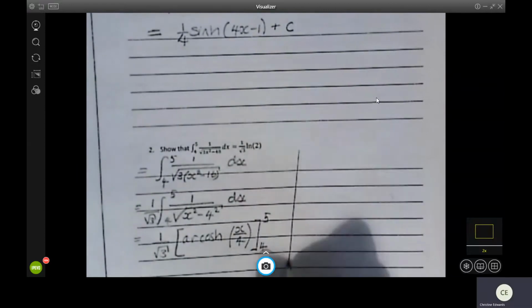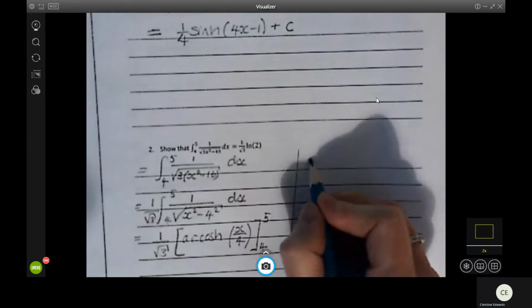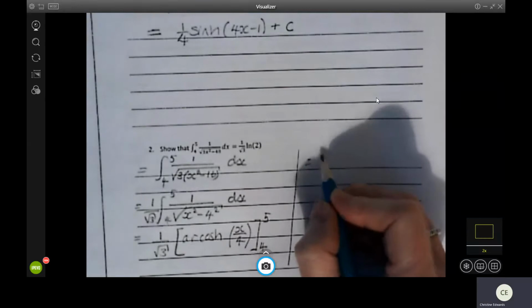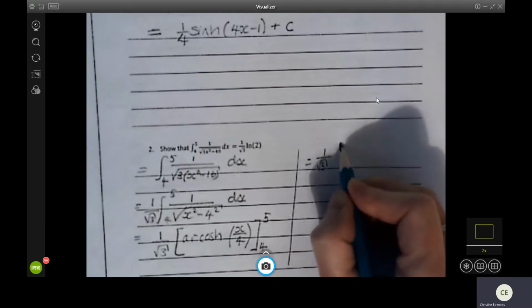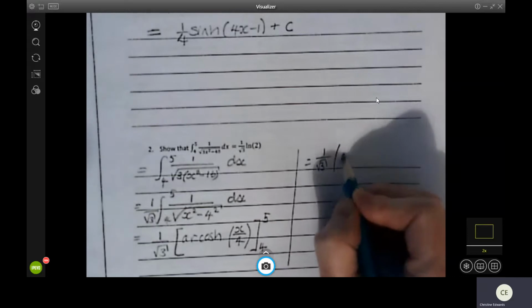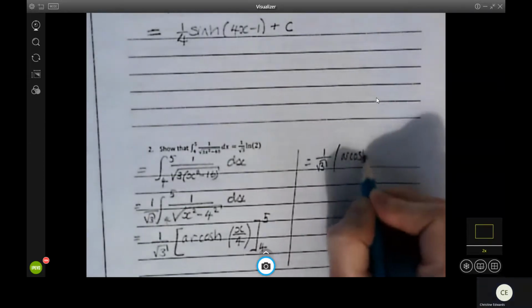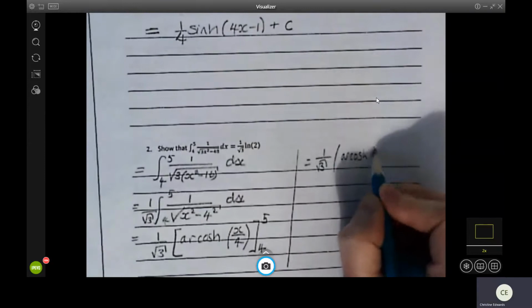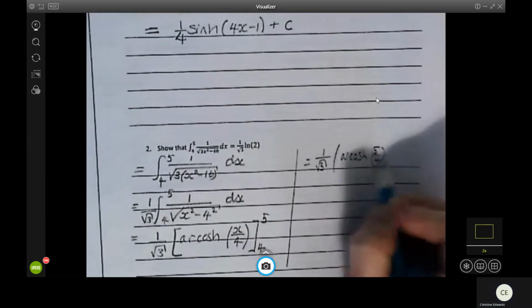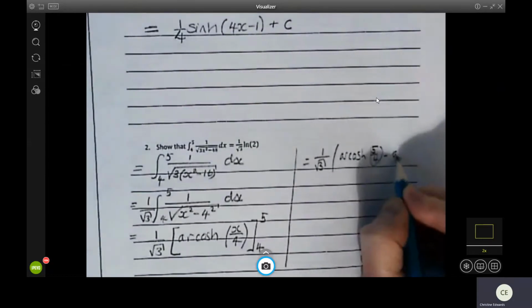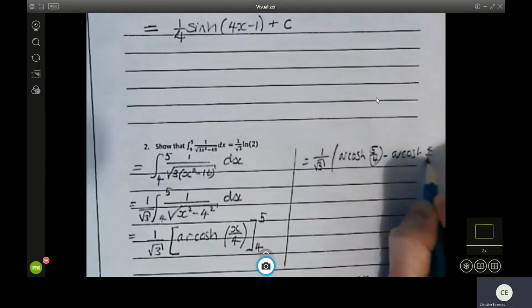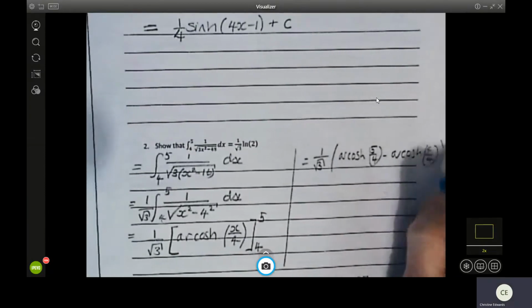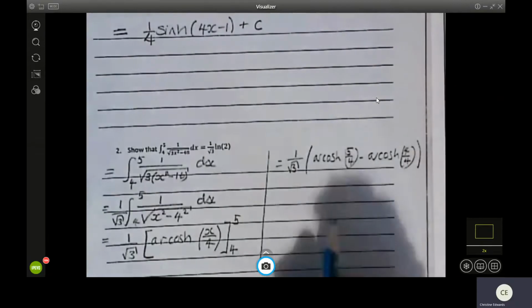So the question now becomes 1 over root 3 arcosh 5 over 4 minus arcosh 4 over 4, or 1.